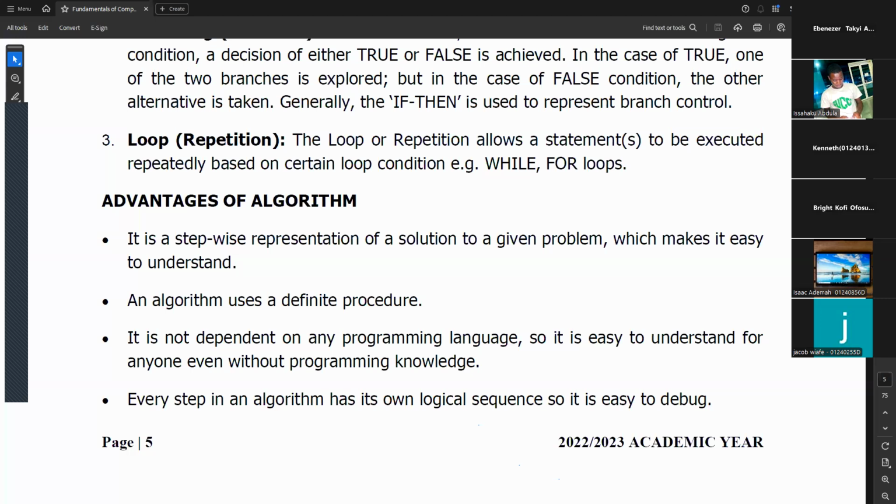And then Isahaku, your question has to do with whether you can make mistakes in your algorithm. Yes, definitely, you can make mistakes in your algorithm.